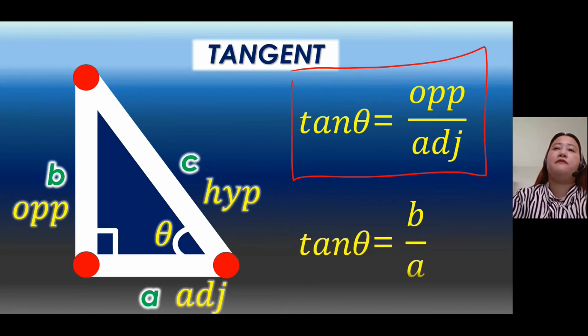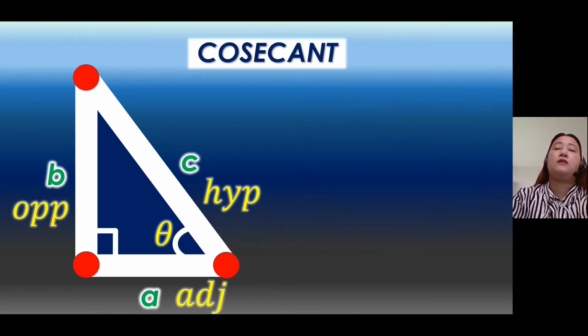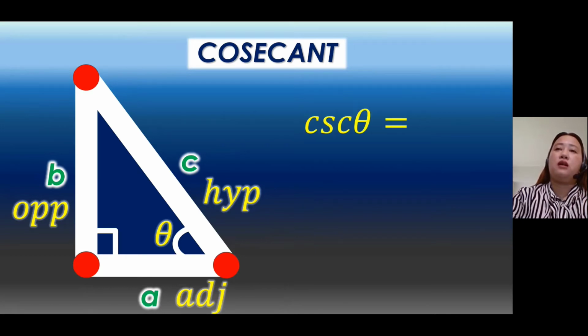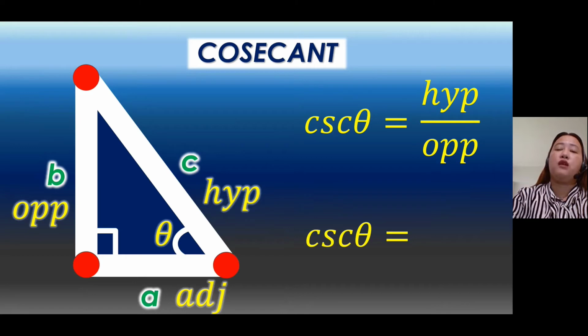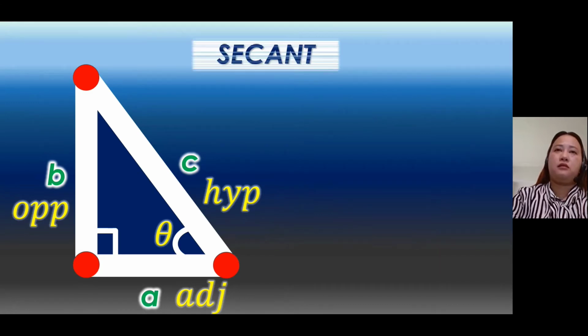We also have cosecant theta. Cosecant theta is the reciprocal of sine theta. If sine theta is opposite over the hypotenuse, the reciprocal is hypotenuse over the opposite, and that is cosecant theta. Next, the secant theta is the reciprocal of cosine theta.